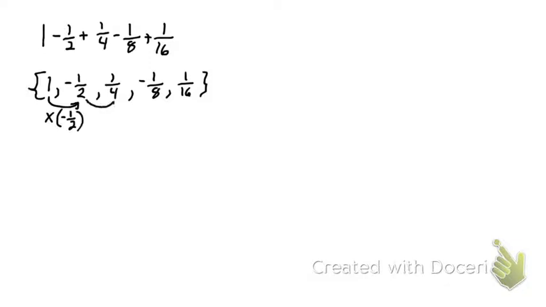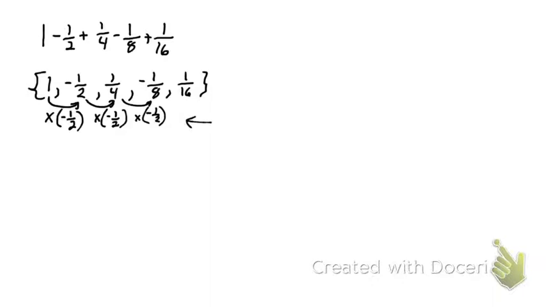If I try that again, if I multiply negative 1/2 times a negative 1/2, that will give me a positive 1 over 2 times 2, which would be our 4. And if I do 1/4 times a negative 1/2, I'm also going to get to that. So this is a geometric sequence.